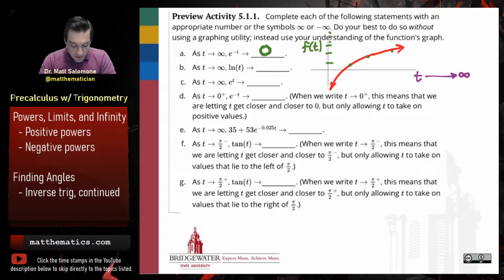But the only real reason that we can be assured that that does in fact happen is we can remind ourselves, what is the range of the natural logarithm function? It's going to be that portion of the y-axis, the vertical axis, that the graph of the natural log function covers.